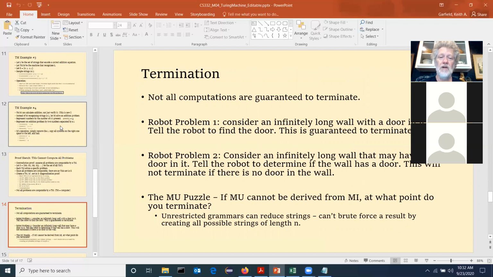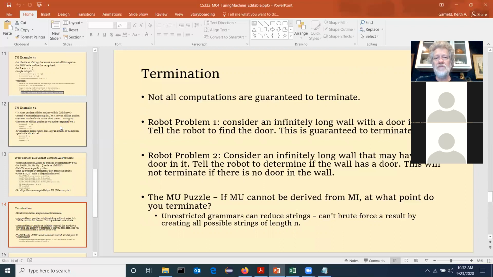So for example, for the robot problem, this is a nice intuitive way to think about non-termination. You do a simple problem. We've got a wall, and we start at the starting point of the wall, and the wall goes infinitely in one direction. Let's let it go west. And you start the robot over in Boston on the East Coast, and you say, okay, go find the door. There's a door in the wall. Go find the door.